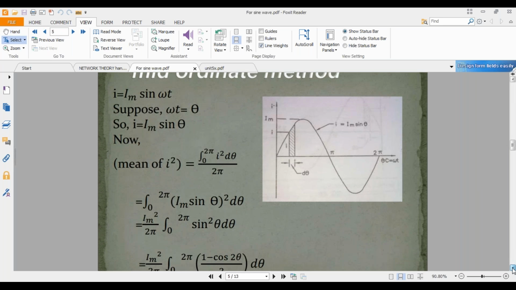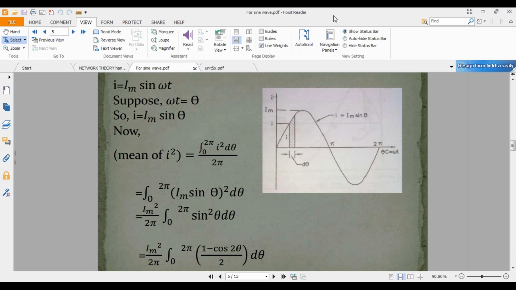For the same sinusoidal waveform, I am going to calculate its RMS value. This function of the sinusoidal waveform is described by i is equal to Im sin theta. Now the square root, this is the formula here.